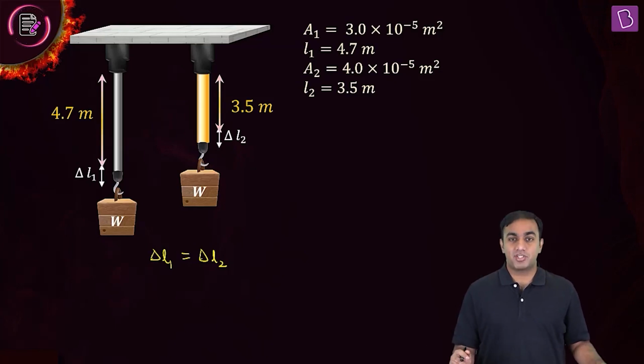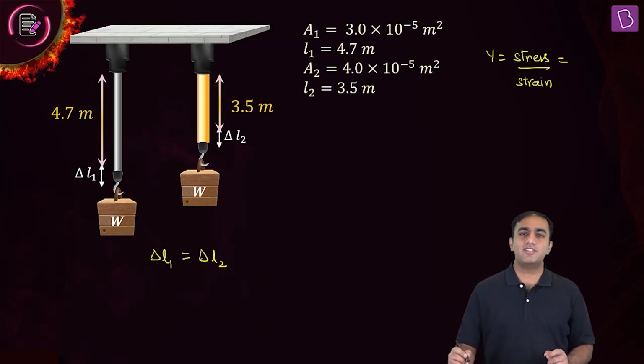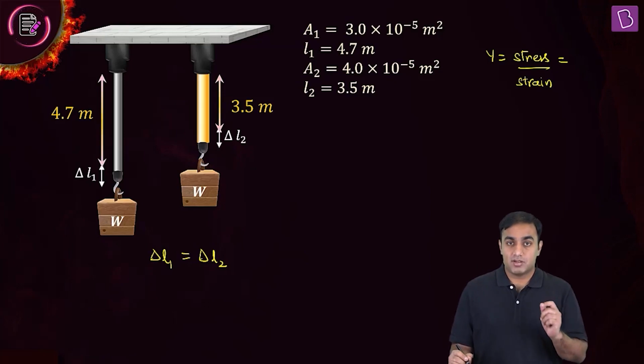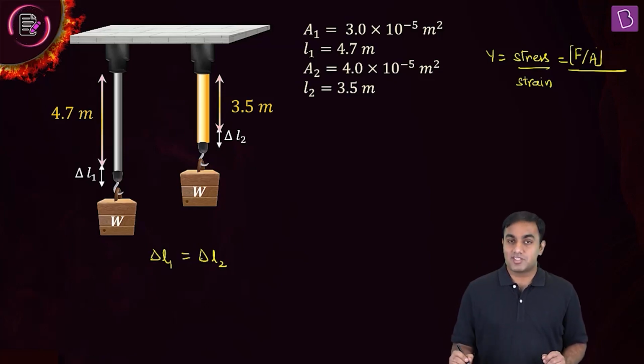You take the definition of Young's modulus of elasticity. How do you define it? Well, you take it as the ratio of stress to strain. What is stress? The force applied divided by the area of cross section. What about the strain?